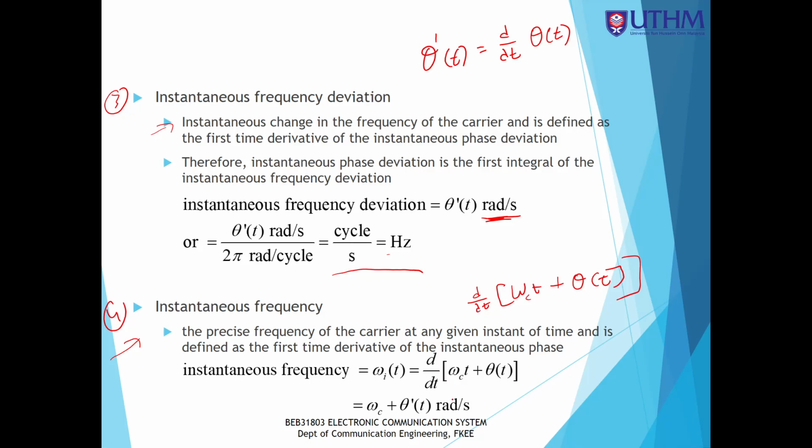You get omega c plus theta prime t. The first derivative of theta t gives theta prime t. This is in terms of radian per second or in terms of hertz.